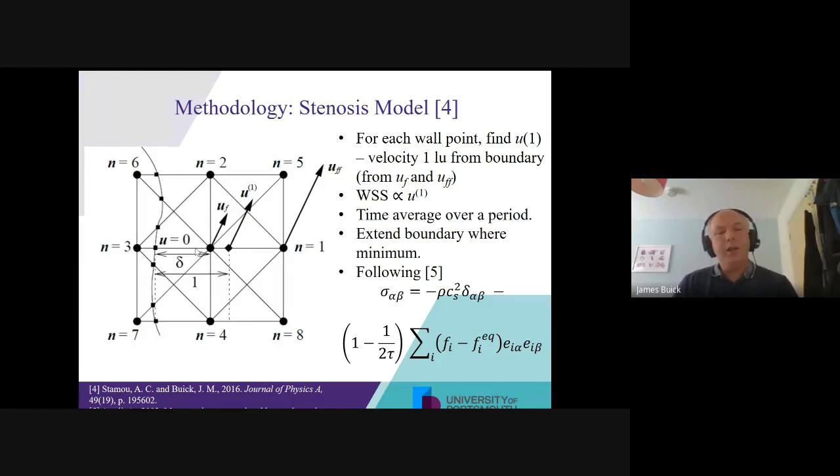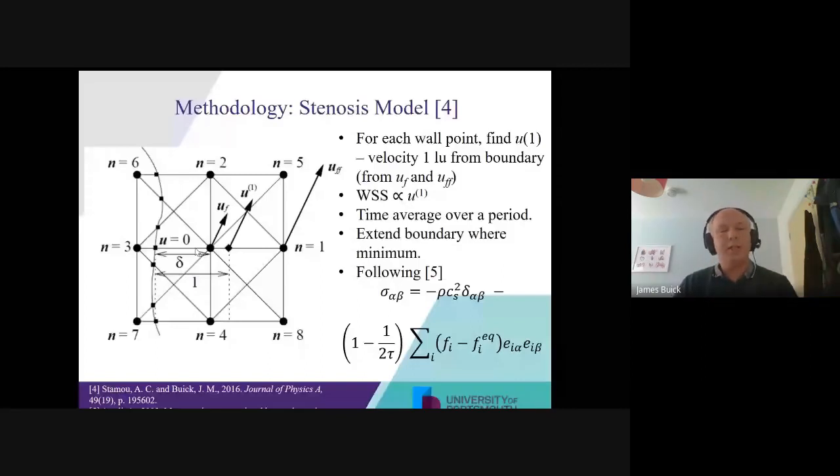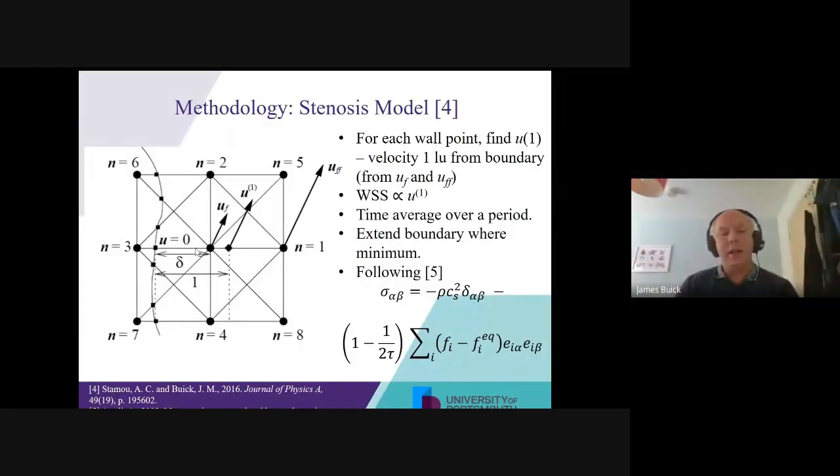Here we expect to see a change because as the artery wall changes, then it's going to affect the simulation in the next period. But we're not looking for an instantaneous change. So when we make the change in the boundary, we don't change the velocity or the pressure at the neighbouring points. And indeed, if the boundary moves through the neighbouring point, we just remove it from the simulation.